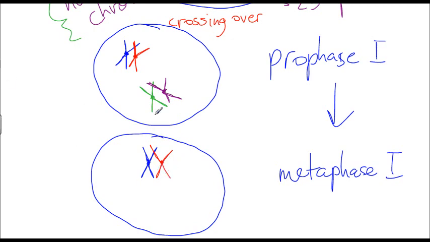However, they don't line up in a single line as they do in mitosis. They line up as their homologous pairs. Notice they're lining up along this center here as pairs. And as we said, one side of the pair is from one parent, the other side is from another parent. So we have this crossing over, right?